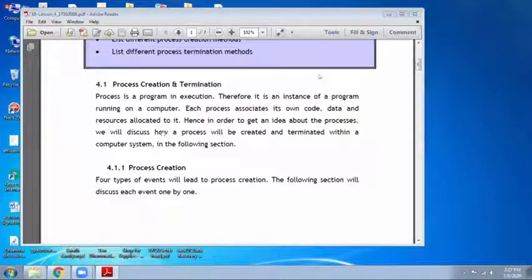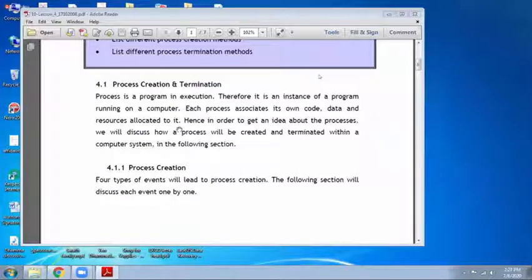If you see last year's paper, you can see a question on process, right? So you should know how to define a process. What is a process and what does a process have? It has its own code, data, and resources allocated to it.